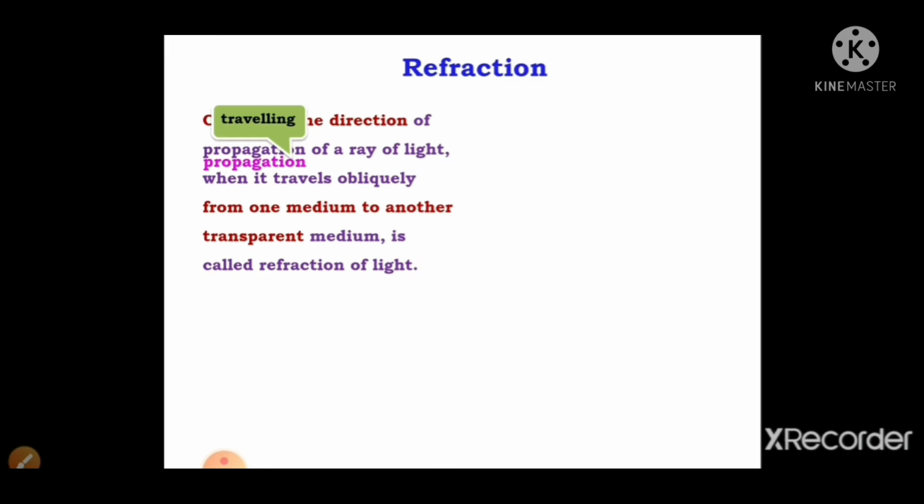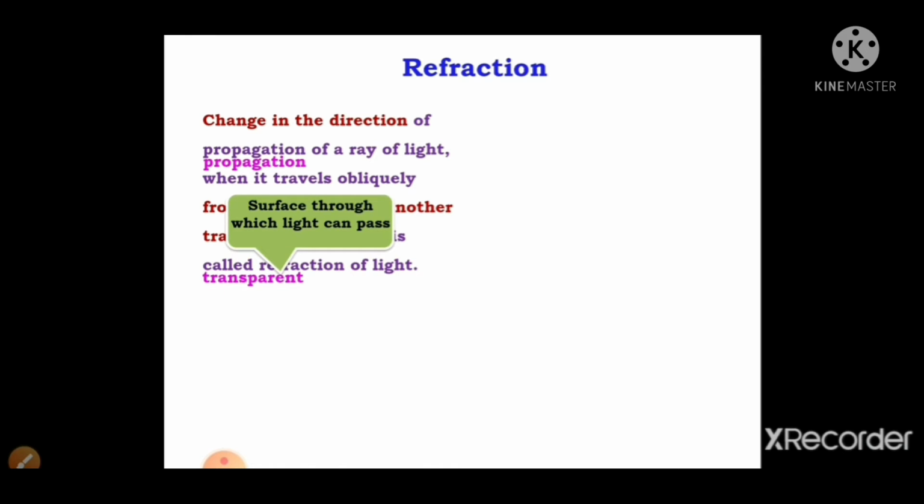Propagation means traveling, as I told before also. And what is the meaning of transparent? Transparent means a surface through which light can pass, like water, glass, and air. These are transparent media through which light can pass.